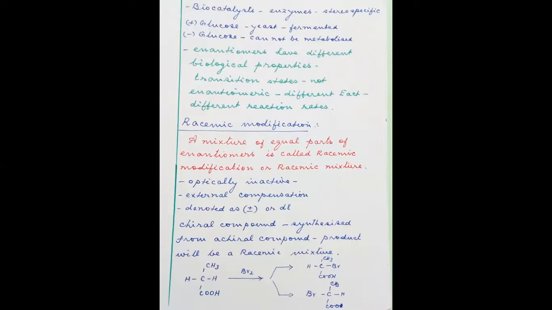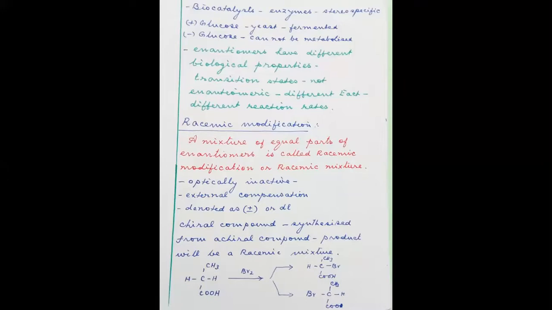Why is it called external compensation? The turning of the light by one molecule is externally compensated by the turning of the same light to the same extent in the opposite direction by the other molecule.